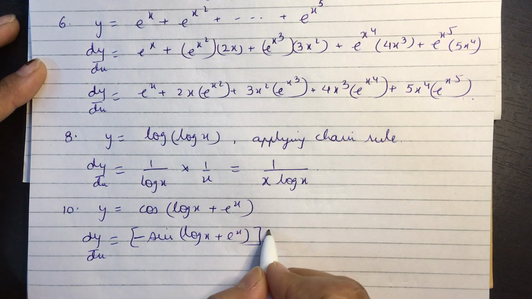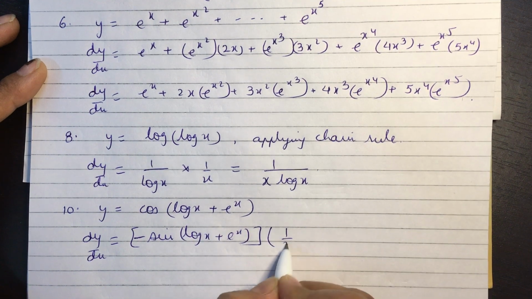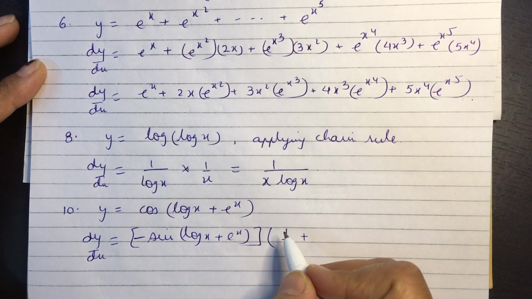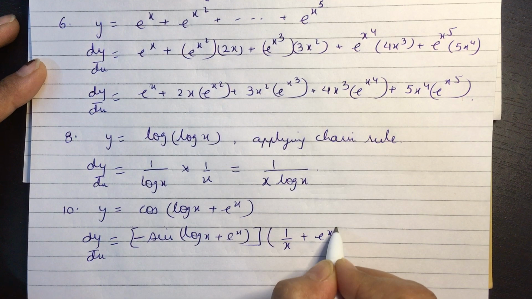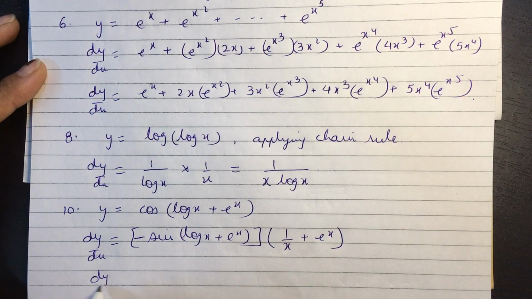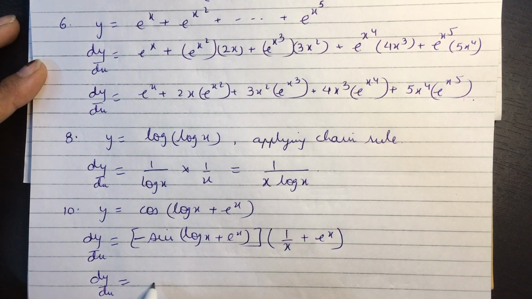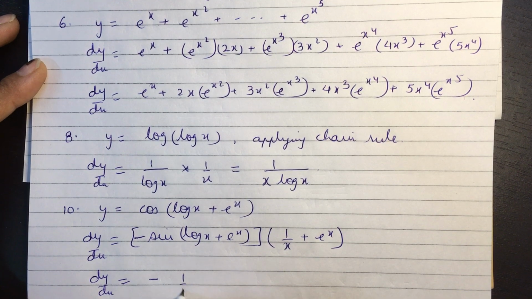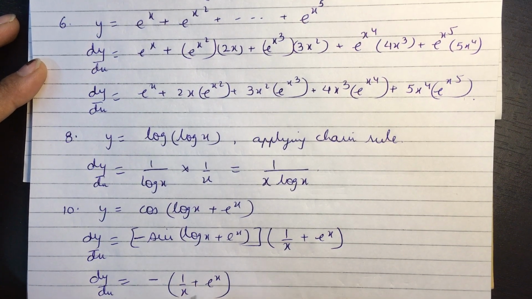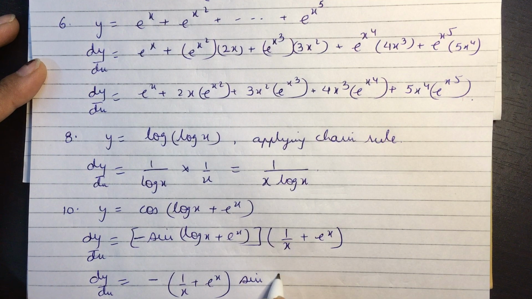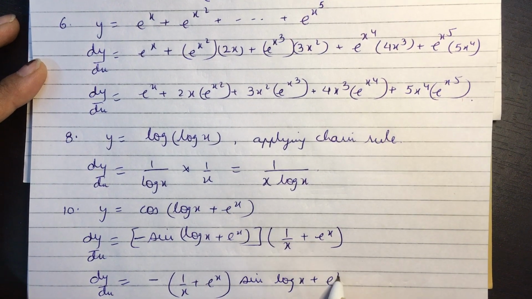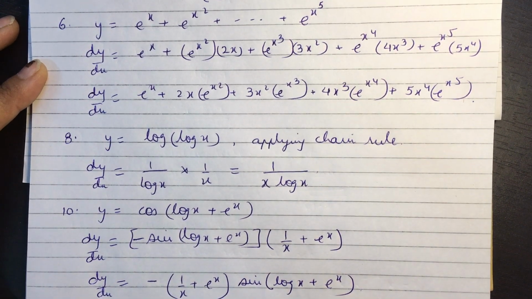So, derivative of log x is 1 upon x plus derivative of e raised power x is e raised power of x, and so dy by dx is equal to minus 1 upon x plus e raised power x sine of log x plus e raised power x.